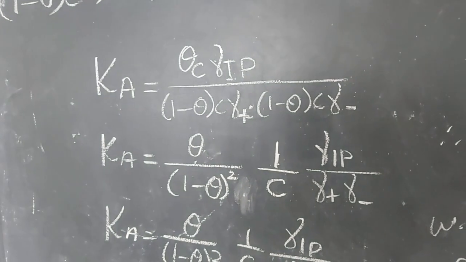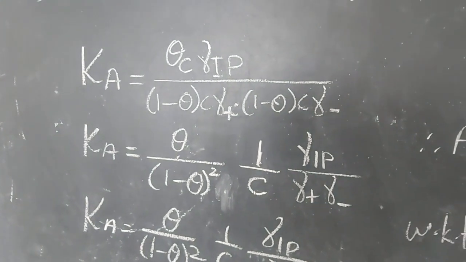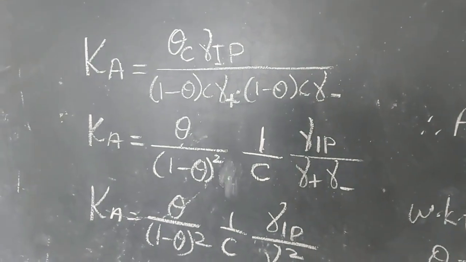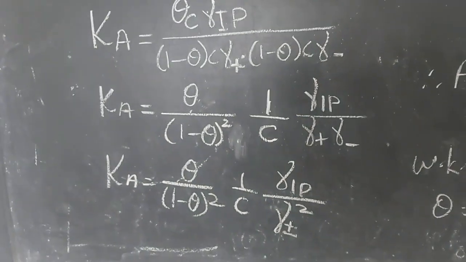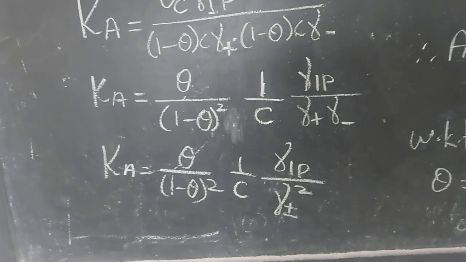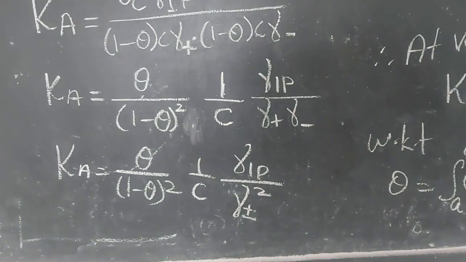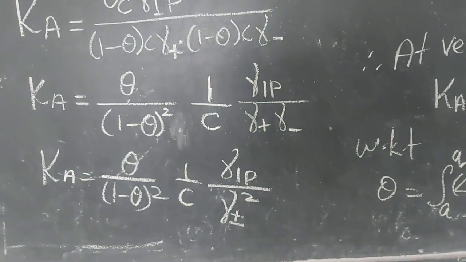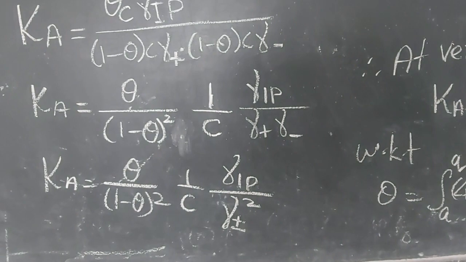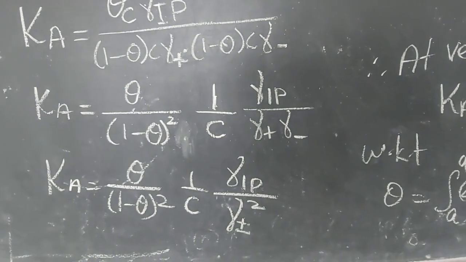We will get 1 by c and gamma IP by gamma plus and gamma minus. Ka will become theta by 1 minus theta whole square, 1 by c, gamma IP divided by gamma plus and gamma minus, which we can write as gamma square plus or minus in the presence of positive and negative ions.